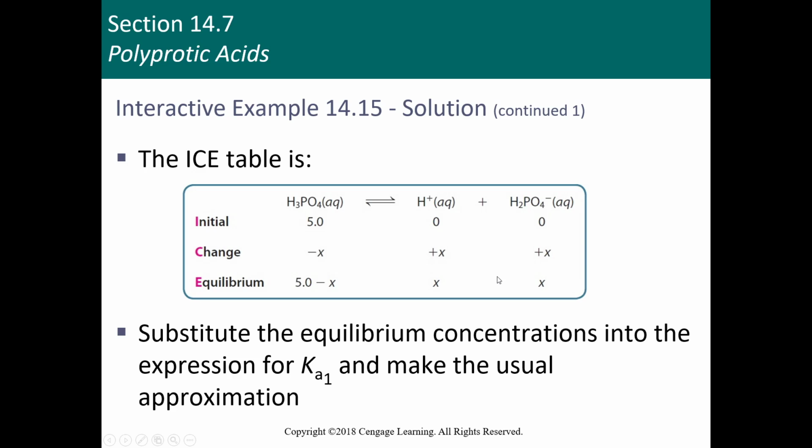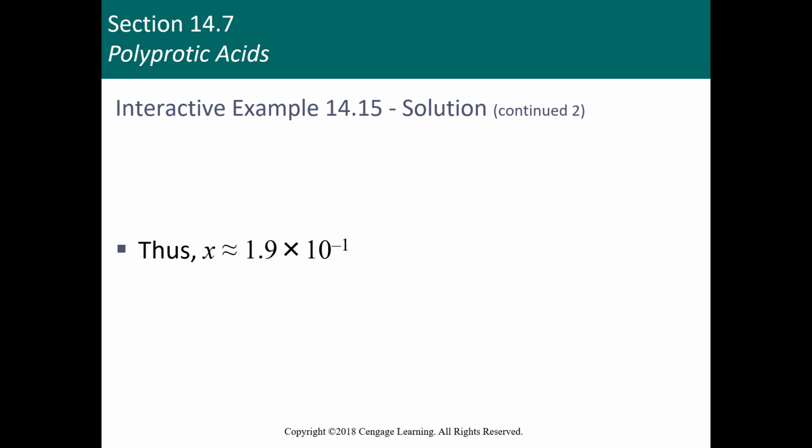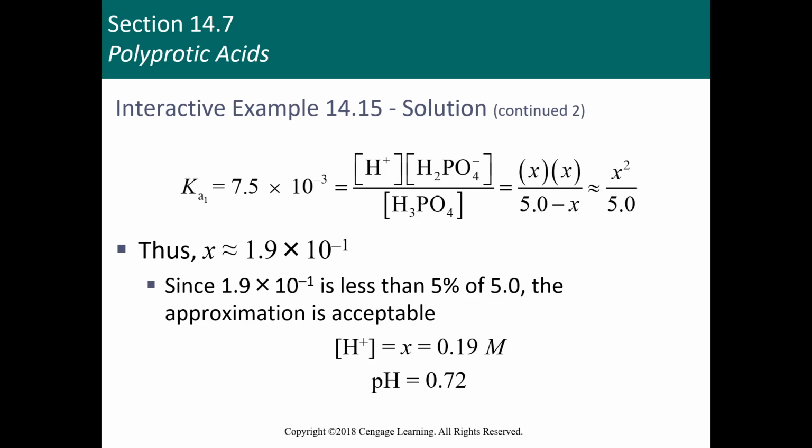And so what we're going to do then is substitute those equilibrium concentrations into our problem again, just like before. And we make that same assumption again because it's going to be a good assumption, as long as this Ka value is significantly smaller every time.